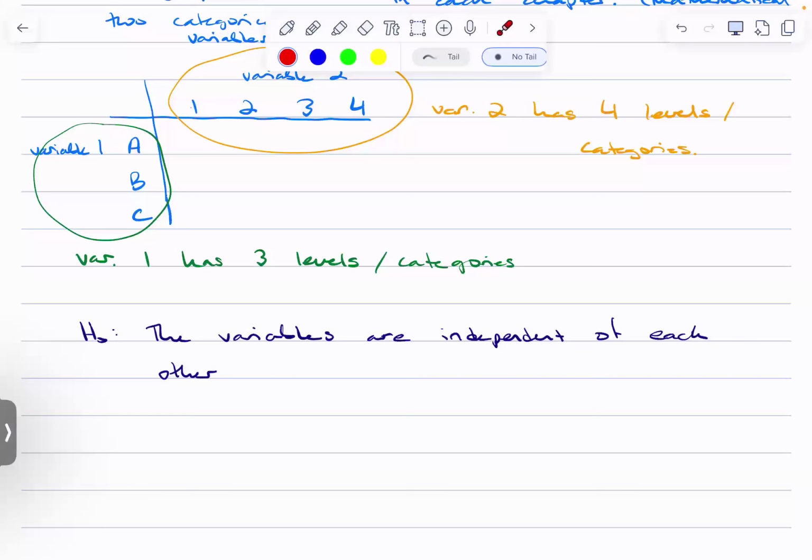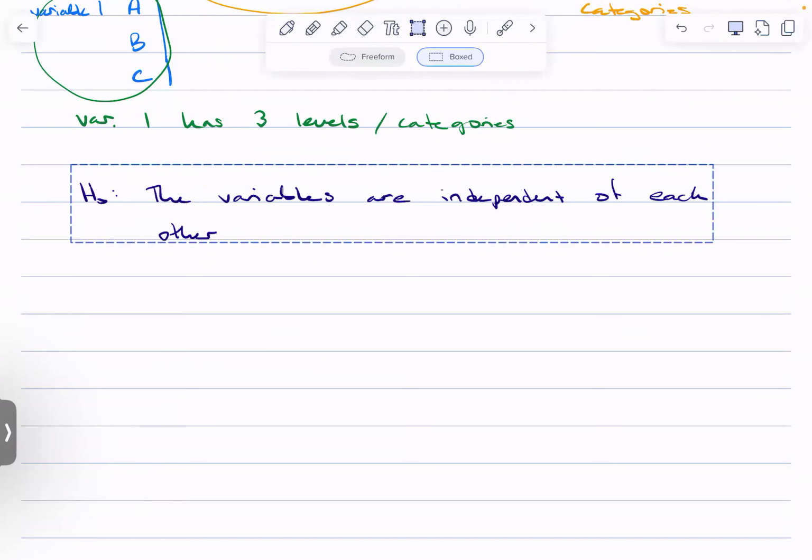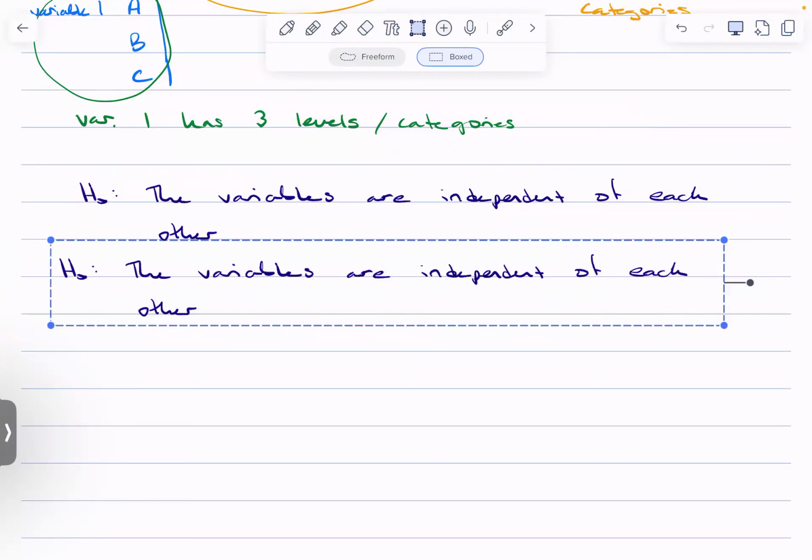And so now we're going to have our observed counts and we see how far they are from the expected counts. If they're not that far, then sure, these two things are independent of each other. And then the alternative is that they are not independent of each other, which is kind of boring, but easy.